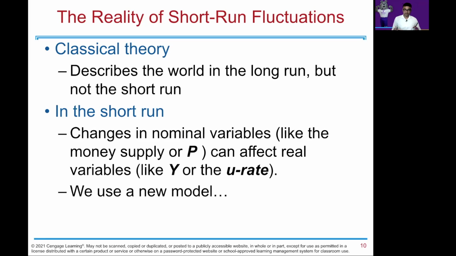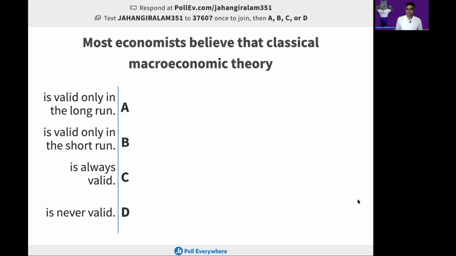And we'll use here a new model, which is aggregate demand and aggregate supply, to explain that if you change any nominal variable, it could affect the real variable, which is not the case we saw in our last few chapters or your classical models. So do this one again.